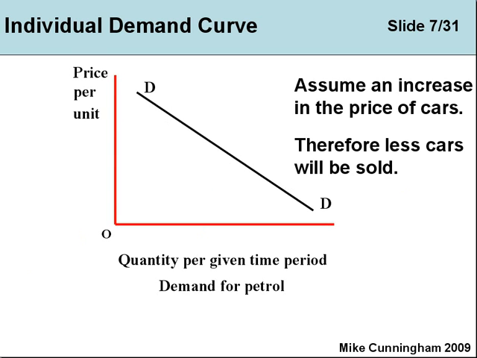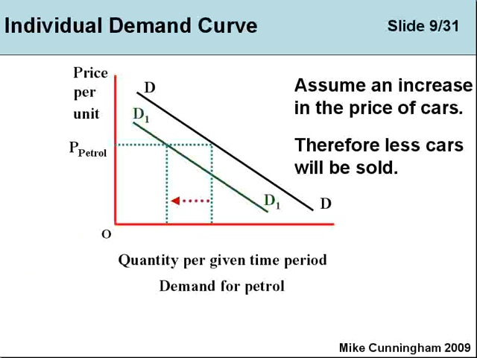Now, if we trace through the logic here of these diagrams, what's likely to be the case is that the demand for petrol will shift inwards as the price of cars increases. So the price of petrol, let's say, is fixed at this price here.